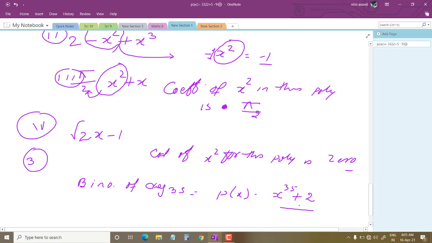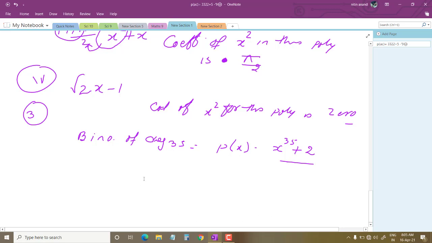Also the second part of this question is a monomial of degree 100. Our required polynomial should have only one term. Suppose we write the polynomial in terms of y, then we write y to the power 100. This is our required polynomial.